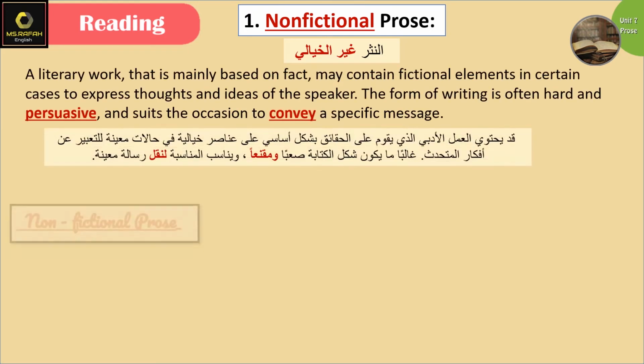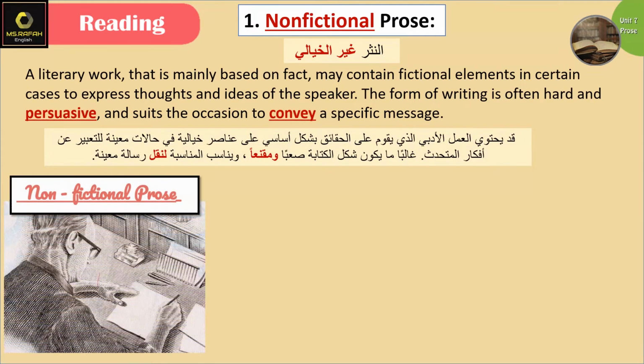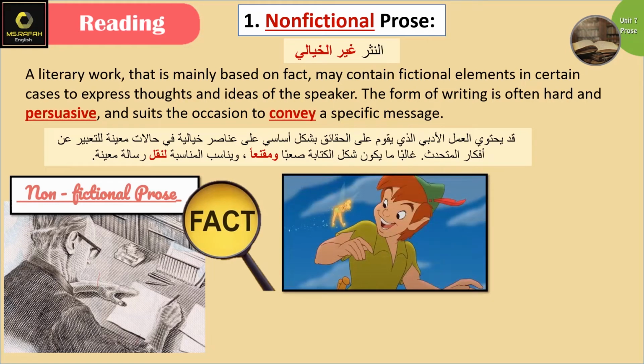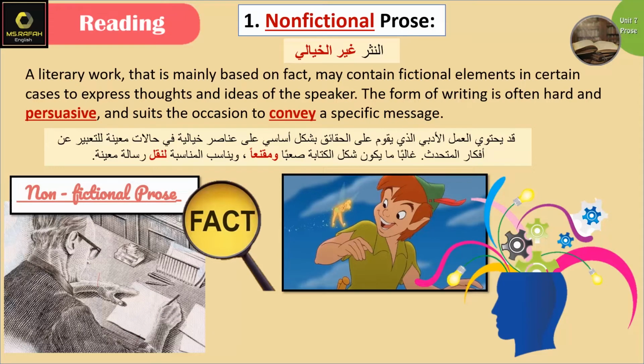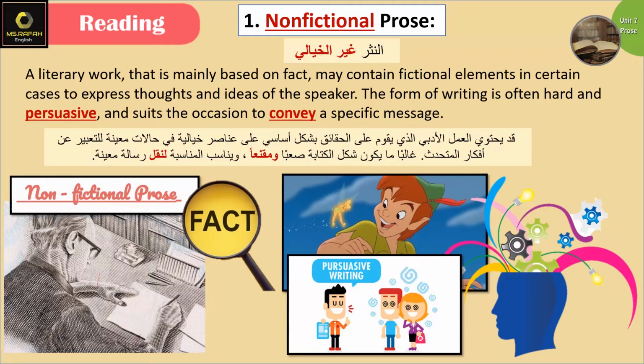A literary work that is mainly based on fact may contain fictional elements in certain cases to express thoughts and ideas of the speaker. The form of writing is often hard and persuasive and suits the occasion to convey a specific message.